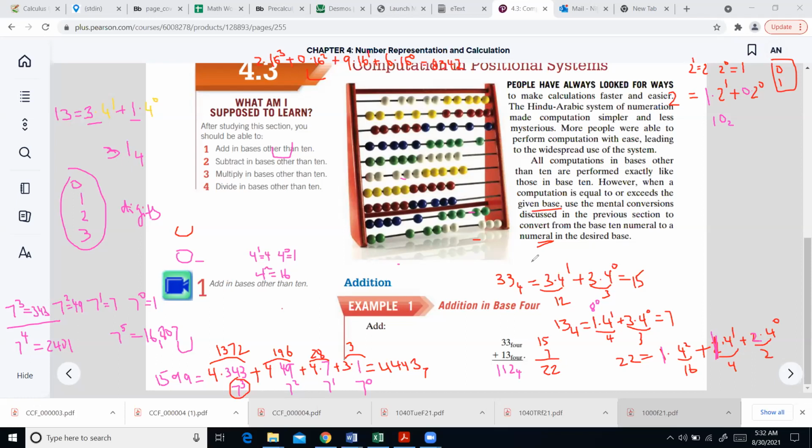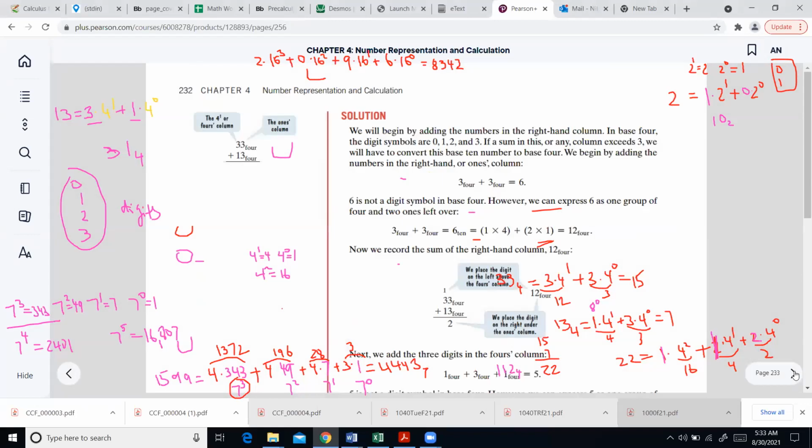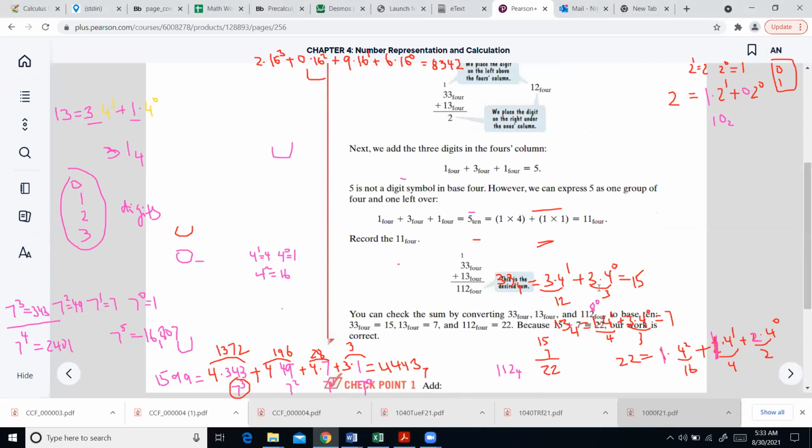Well, actually that's not the way they do this exercise, but I decided to show it to you anyway, because that's something we have been already doing in the previous section. So what they do here is they produce the exact same result.